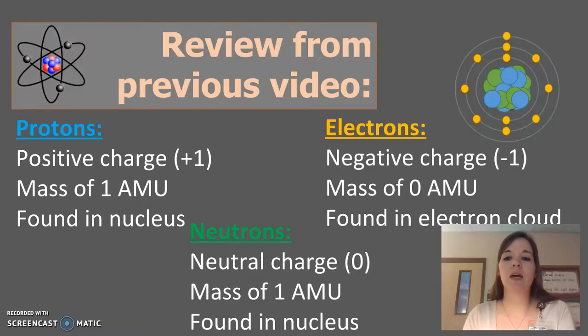Electrons, which are what we're going to be talking about today, actually have a very, very small mass. It's actually 0.001, and we'll get into that in a second. But because they're so small, they are not included in the overall mass of the atom.